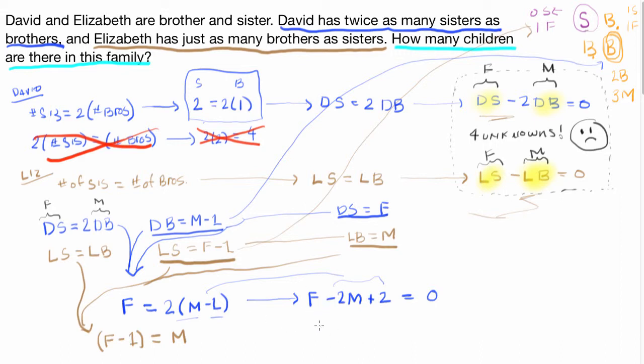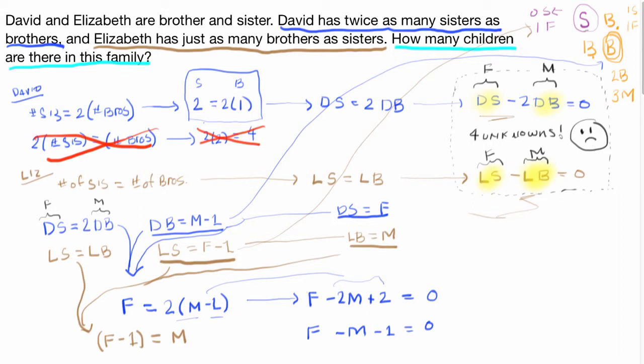Then we've got F minus M minus 1 equals 0. At this point, we have the columns we want.